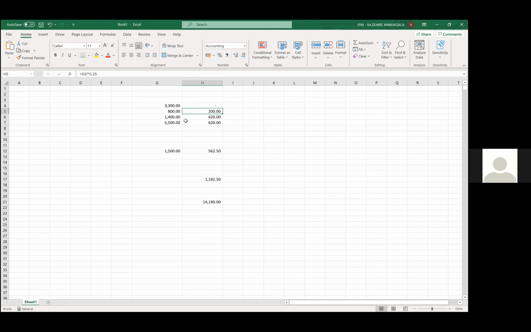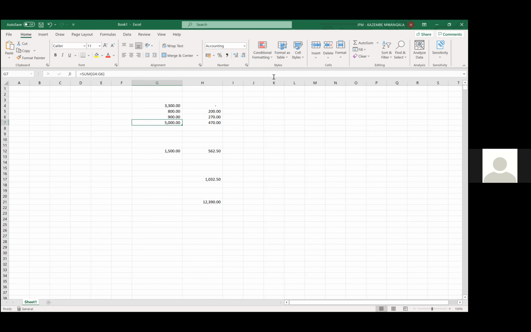Then the next 900 will be taxed at 30%, which gives a tax of 270 kwacha.